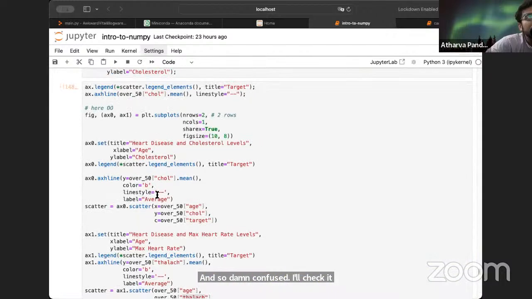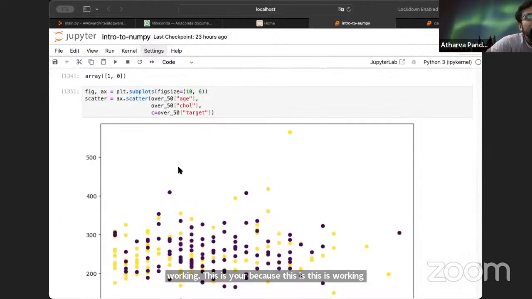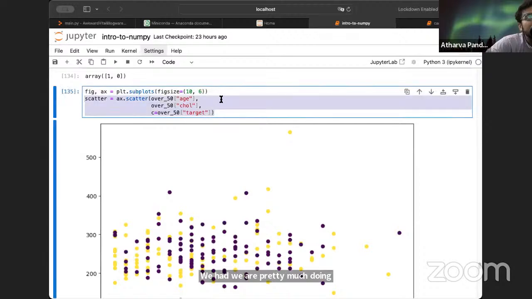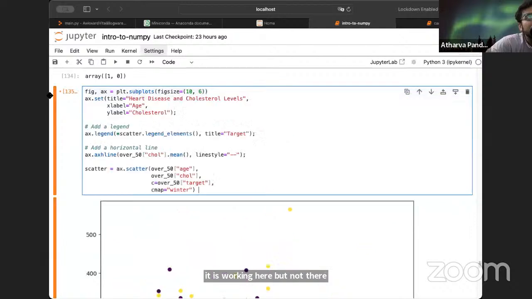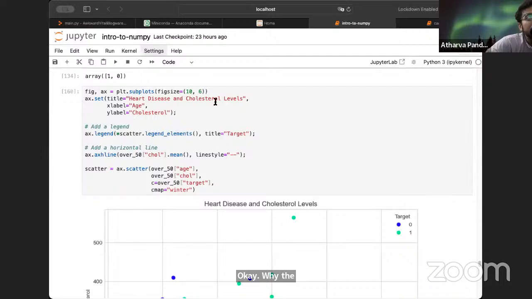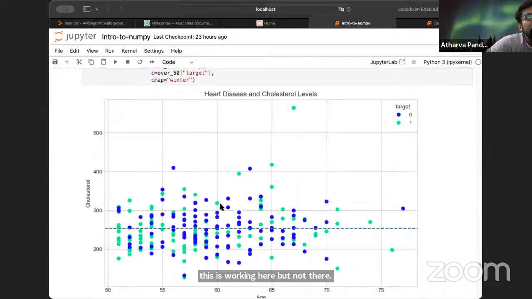This is weird because this is working here, right? We are pretty much doing the same thing here. Why is it working here but not there? Probably we are not getting some data there, and that is why it is happening.